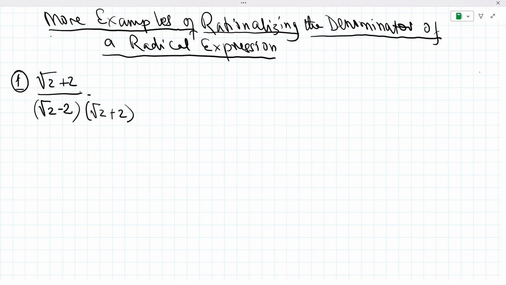And also multiply the top by the same conjugate, because what you do to one part of a fraction, you must do to the other. So there we go. So our expression then becomes, again, by multiplying through or using the distributive rule.